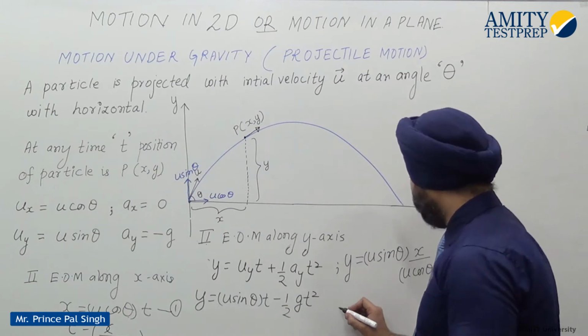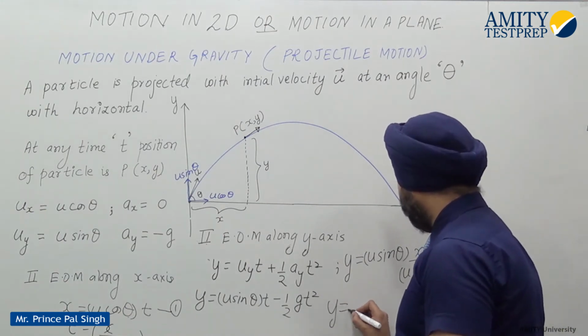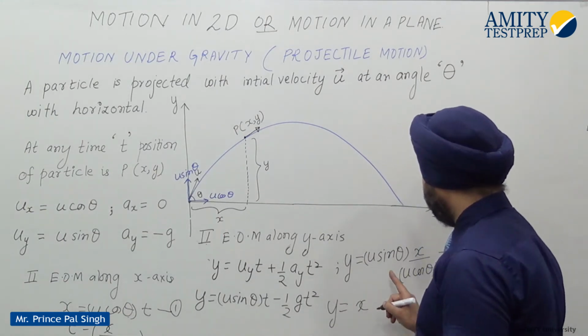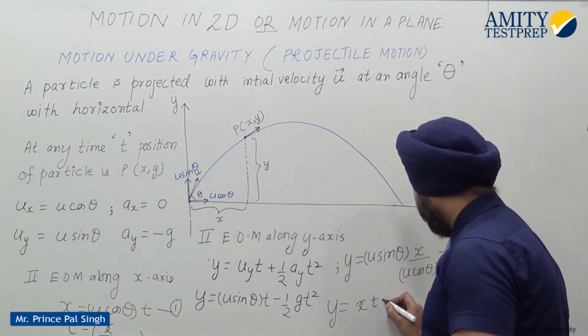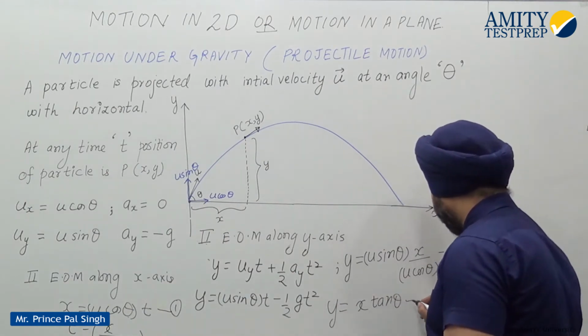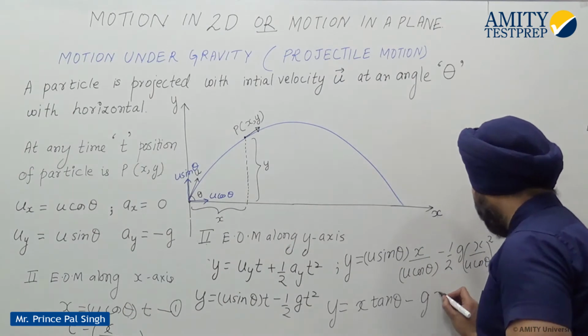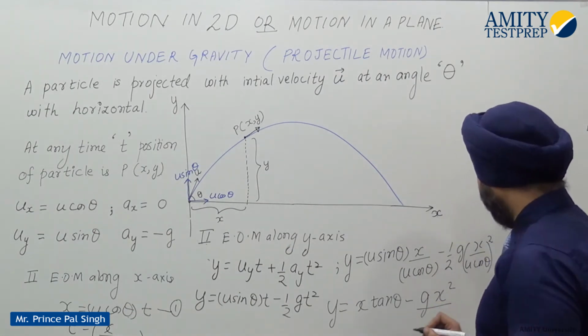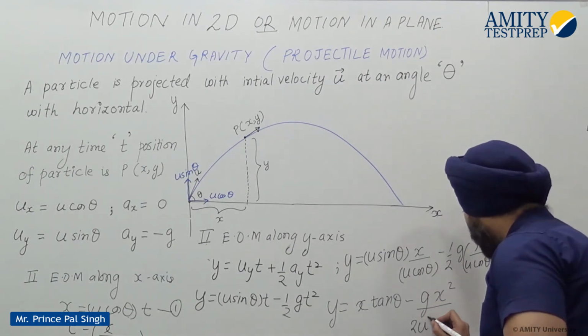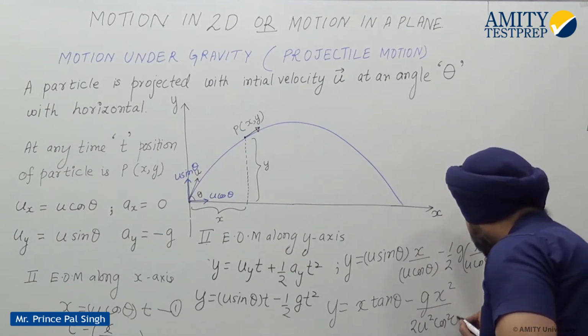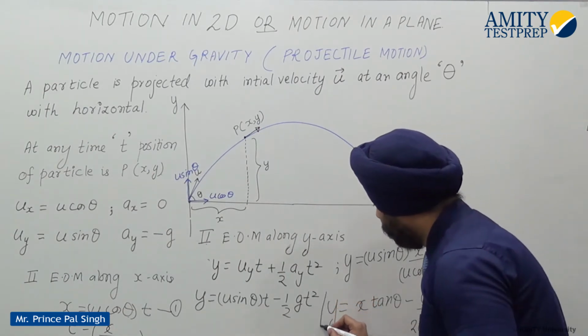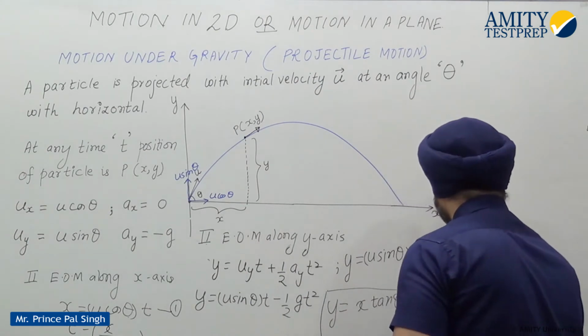and this becomes y equals x sin theta divided by cos theta, that is tan theta, minus g x square by 2u square cos square theta. So this is the desired equation.